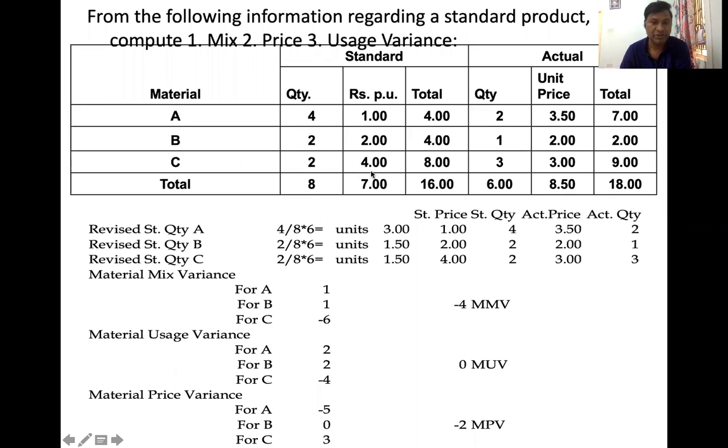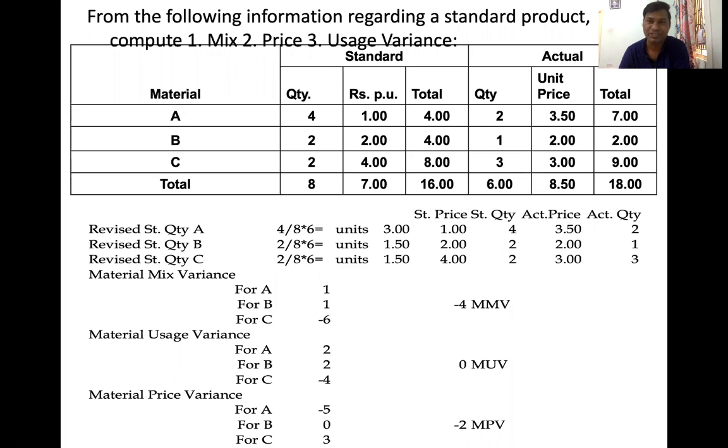Right. So let's come to A in calculation of price variance. What's the standard price of material A? It's 1. What's the actual price of material A? 3 rupees 50 paise. 1 minus 3.5 is equal to 2.5.